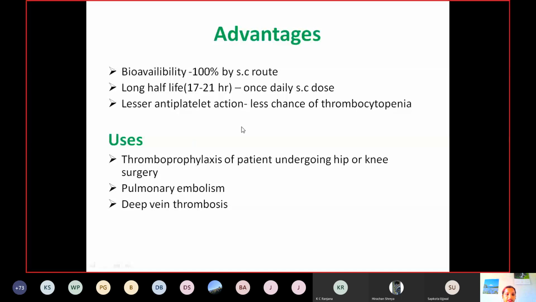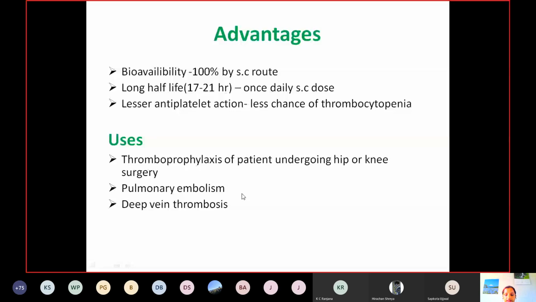Fondaparinux can be used for the prophylaxis of thromboembolic conditions. The patients undergoing hip and knee surgery, having thromboembolic conditions, we can give as a prophylactic drug. Like in pulmonary embolism also we can use it, and deep vein thrombosis.